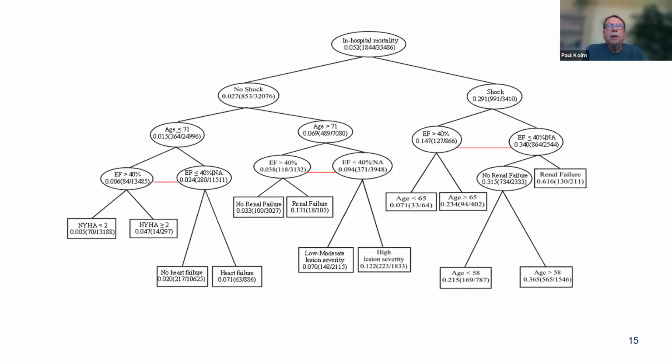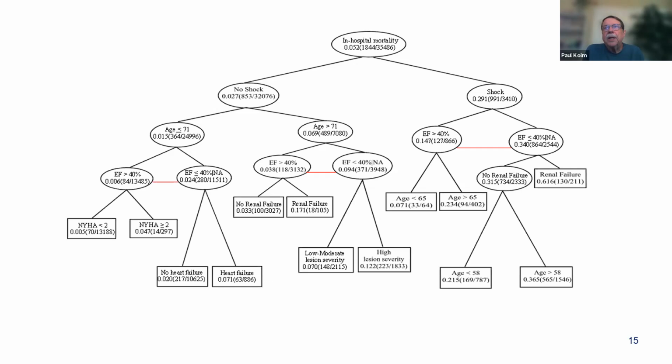The primary variable predicting this is shock during PCI or not. You can see that for those who experience shock during the procedure, 29% die in hospital, whereas only 2.7% of those not experiencing shock die in hospital.